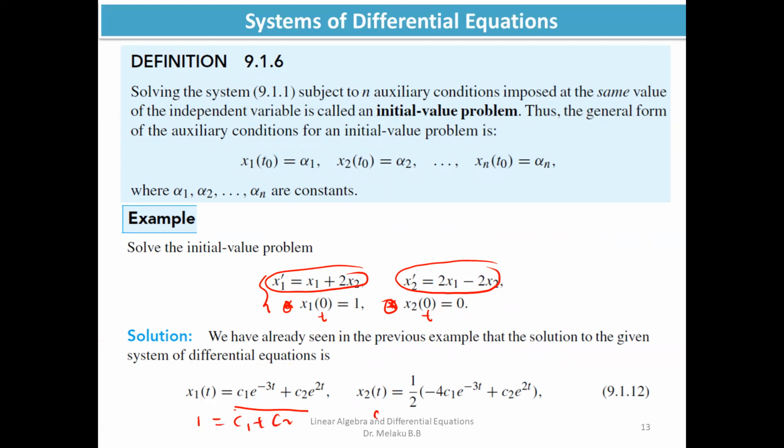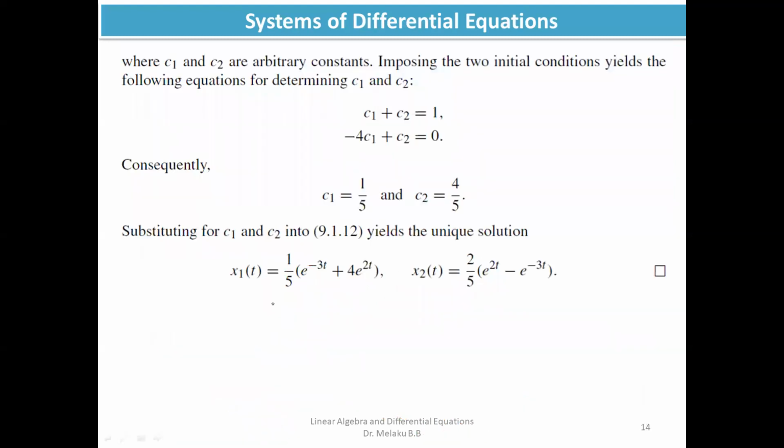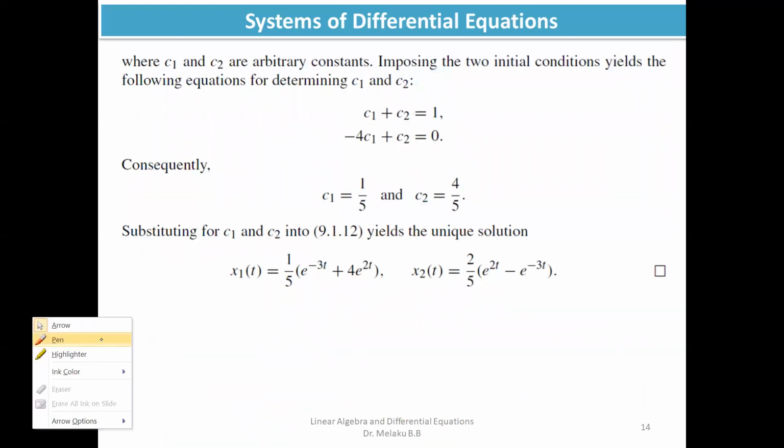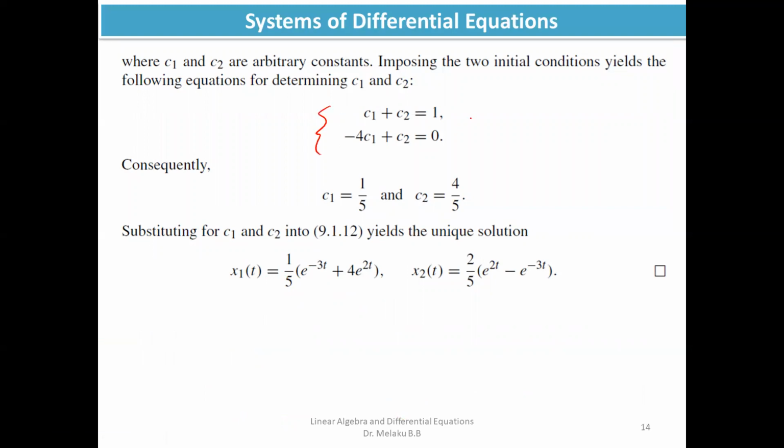How about this? 0 equals half of minus 4c1 plus c2. So here we have the second equation, and here we have the first equation. We can solve them simultaneously, and you obtain c1 is 1 over 5 and c2 is 4 over 5.